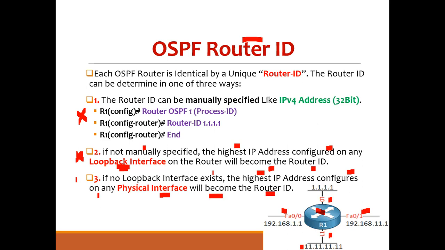So assume that this router has no loopback and only 2 physical addresses. Which physical address is the highest? This is the highest physical address configured on this router, 192.168.11.1, so this will be considered the router ID for this router 1.